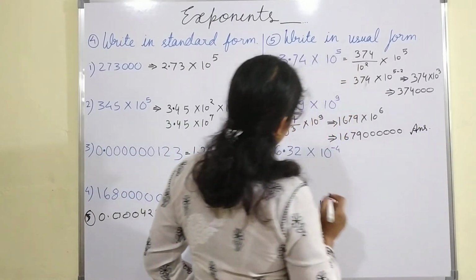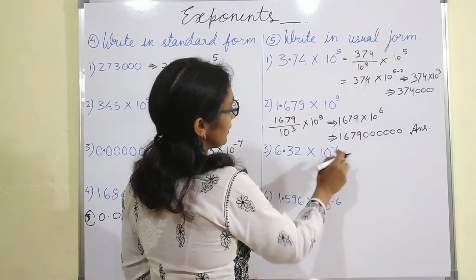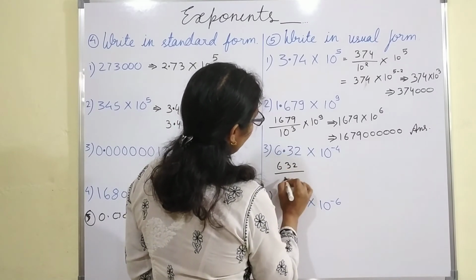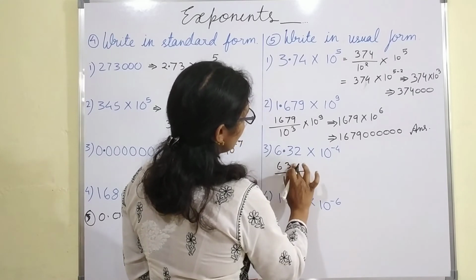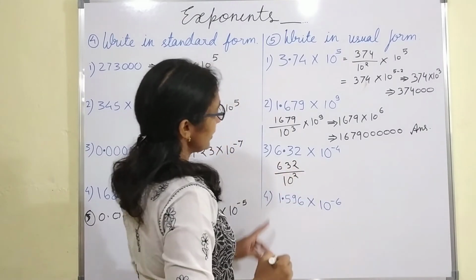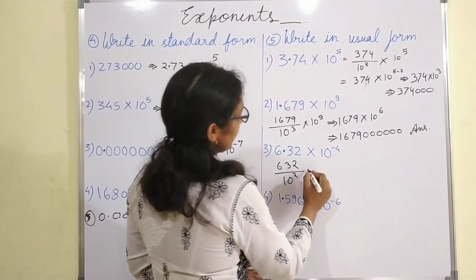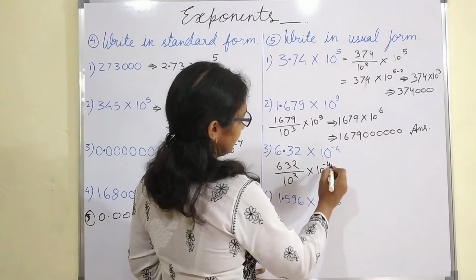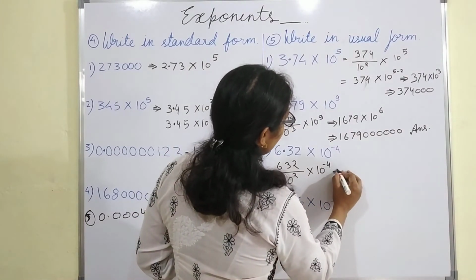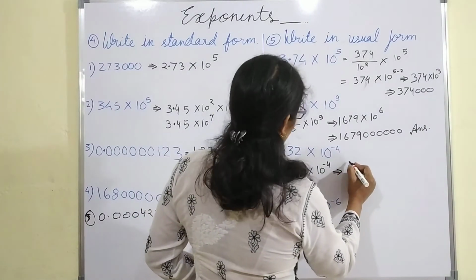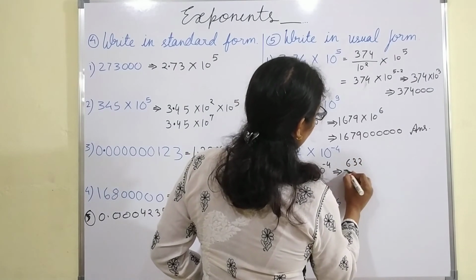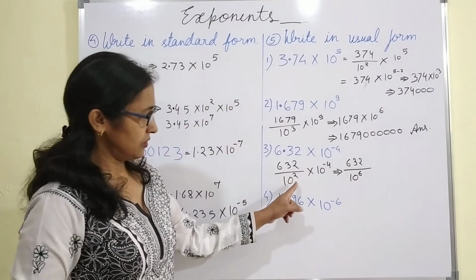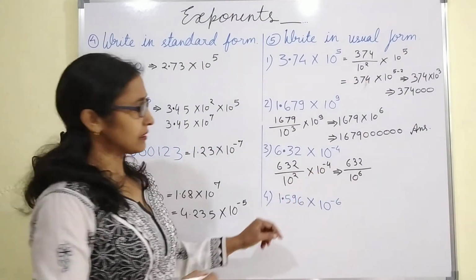Now 6.32 into 10 to the power minus 4. So 632 upon 10 to the power 2, into 10 to the power minus 4. I am bringing 10 to the power minus 4 downwards. So 632 and it will become 10 to the power 6, 2 plus 4, 6.